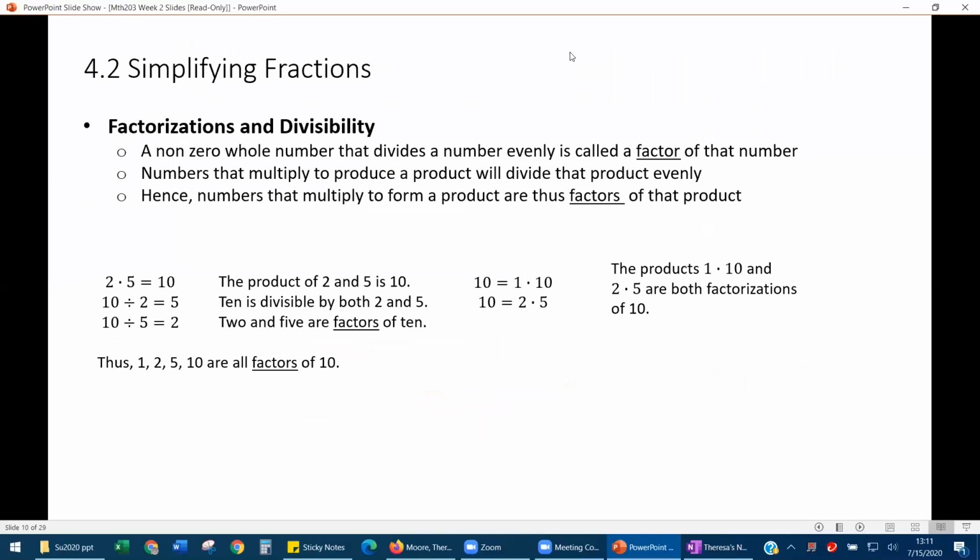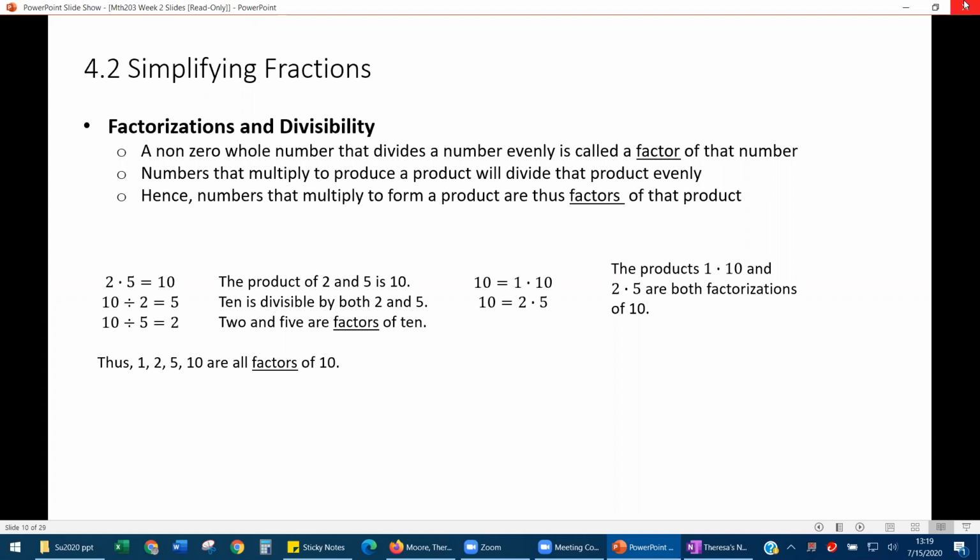Okay, so simplifying fractions. When we simplify fractions, what we are actually doing is removing common factors. The reason you are able to divide a numerator and a denominator by the same number is because that number is a common factor to both the numerator and the denominator.